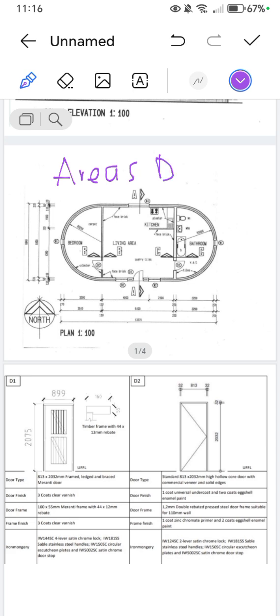So let's just say, for instance, your D1 and your D2. If that area exceeds 0.5 square meter, then you would have to deduct it in your calculations. So what do I mean?